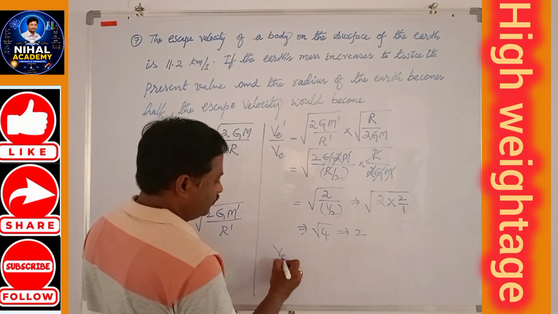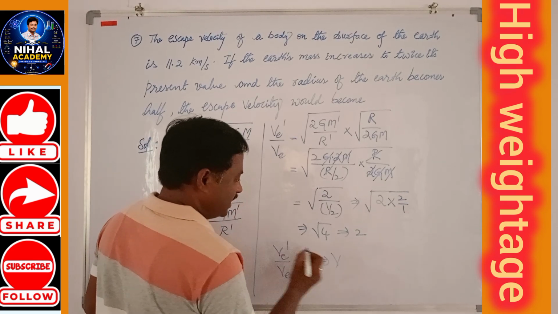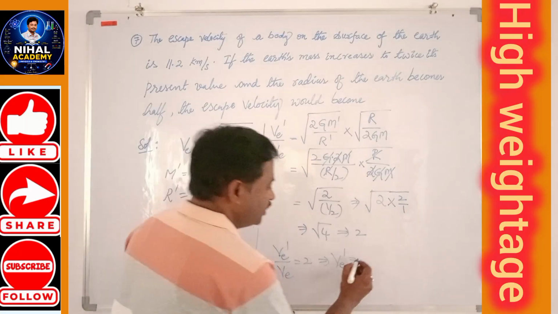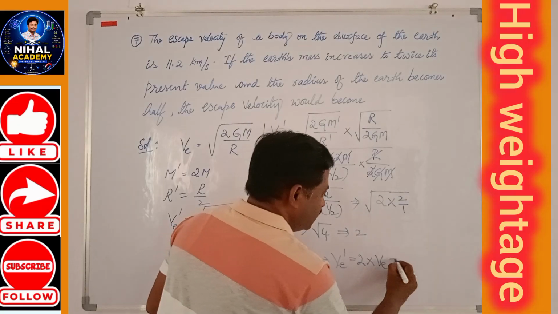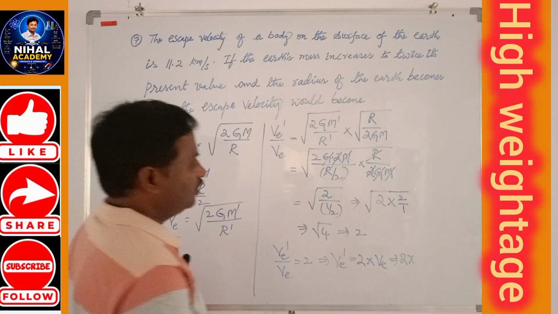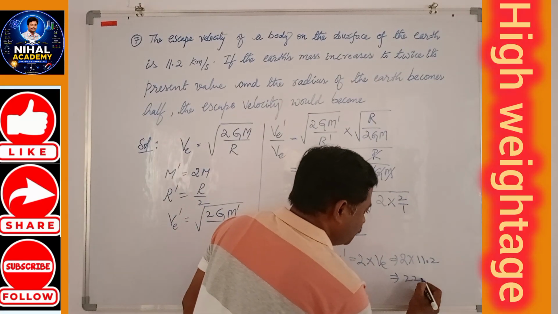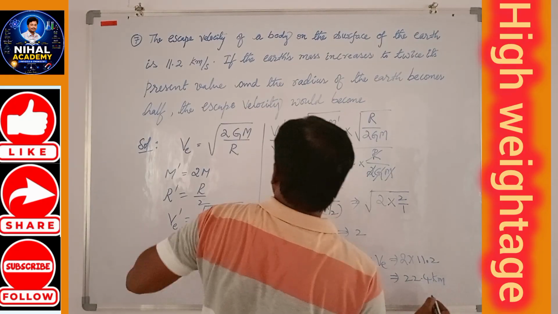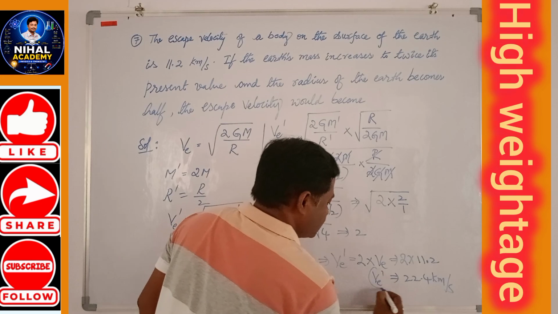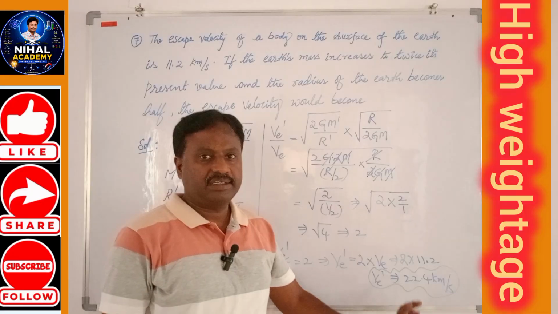Therefore V_e dash by V_e is equal to 2, that means V_e dash is equal to, by cross multiplication, 2 into V_e. So 2 into V_e, where the escape velocity is 11.2, so 2 into 11.2 is equal to 22.4 kilometer per second. So this is V_e dash, and this is the answer: 22.4 kilometer per second.